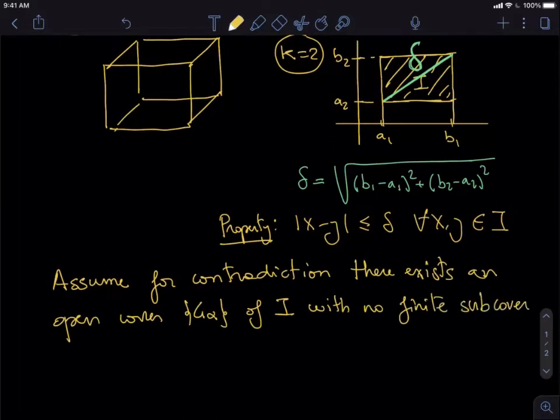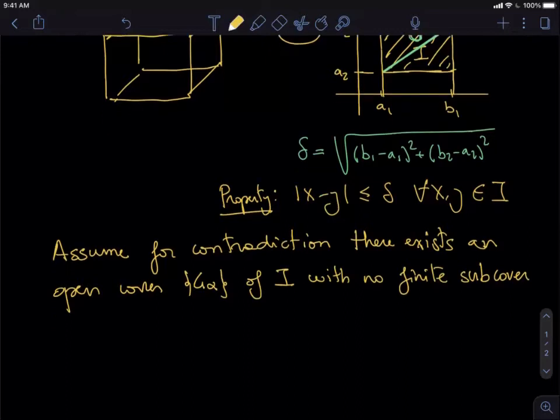Okay, the opposite of this would be that for every open cover, we will be able to find a finite subcover, and then I would be compact and we would be done. So we are assuming the opposite.